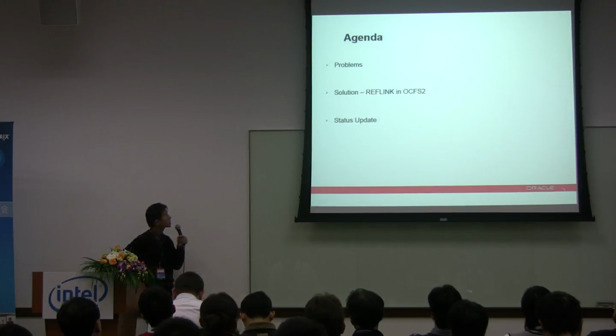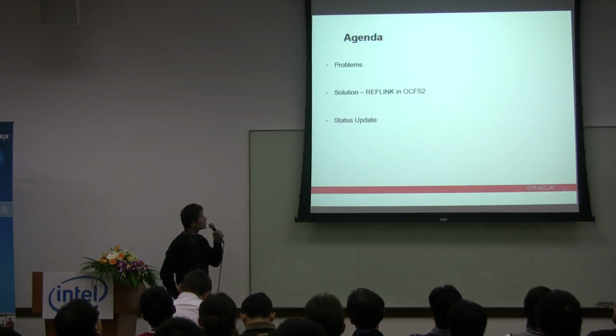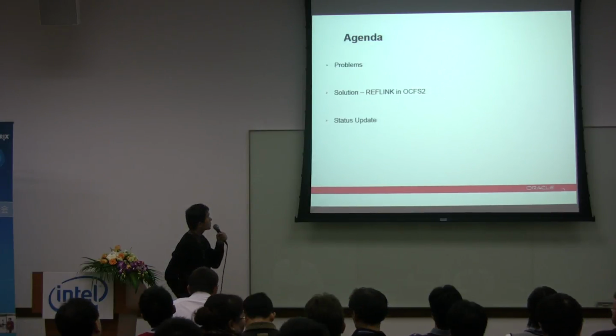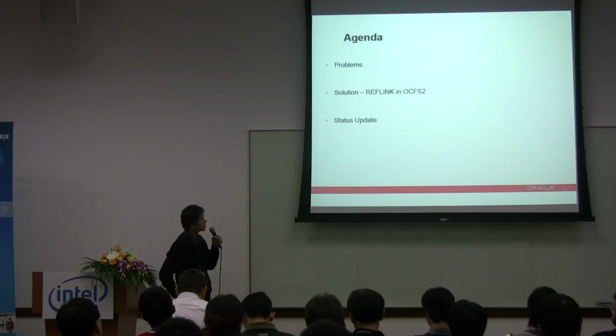Actually, I didn't work on Xen and virtualization. I just work on the Linux kernel, and OCFS2 is the Oracle Cluster File System, version 2. It is a file system in the Linux kernel mainline, integrated into Linux in 2.6.16.